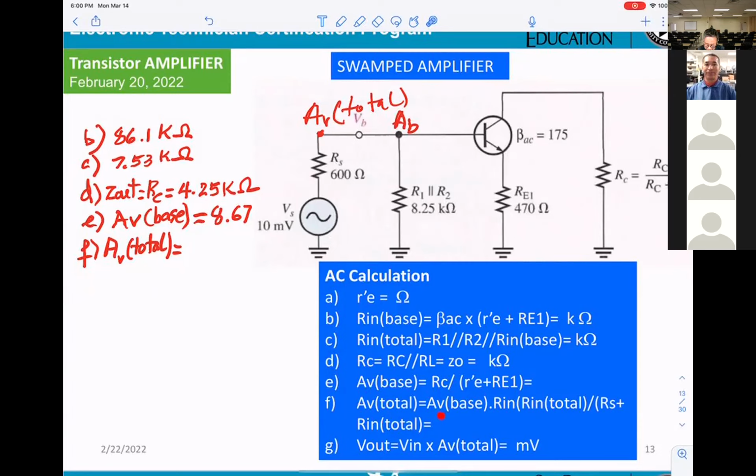Total AV is AV base times that resistor right here. Resistor right here will be R in total divided by RS plus R in total. So that you can get F will be 8.42.